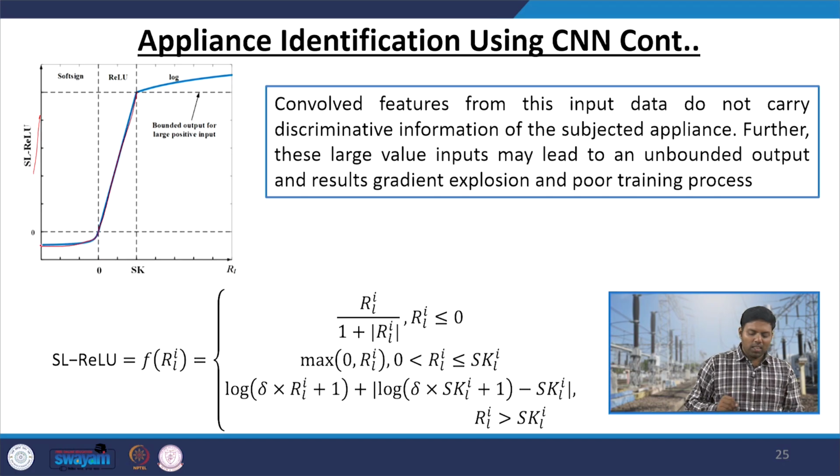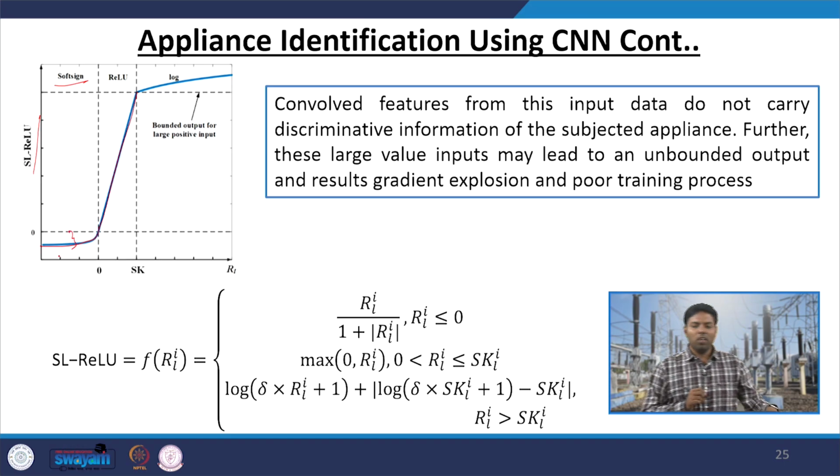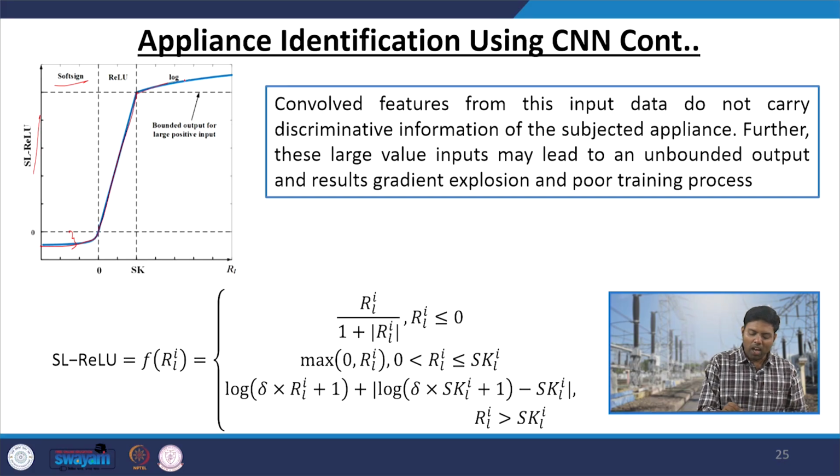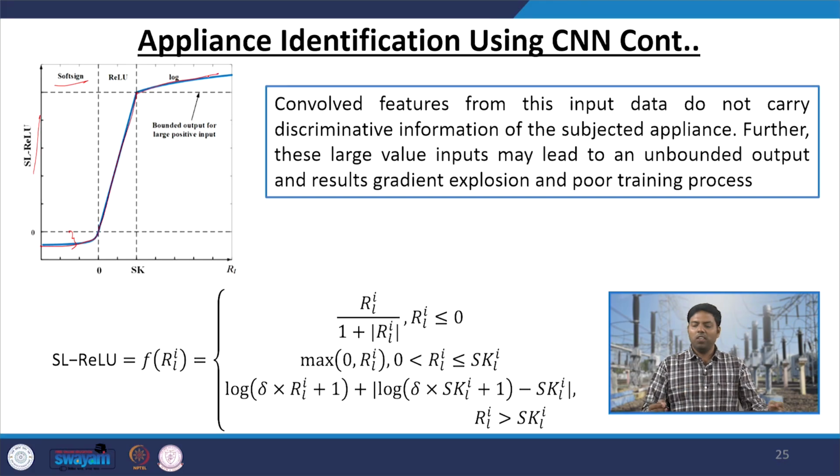As in SeLU, it will use a soft sign function to activate a little bit of negative values as well. But whenever you incur a very high value in the features, it will mask that with the help of a log function. So, a bounded output for large positive input, and that will give you a very good feature. Other than completely nullifying it, you are just masking or capping them within an upper or lower boundary.